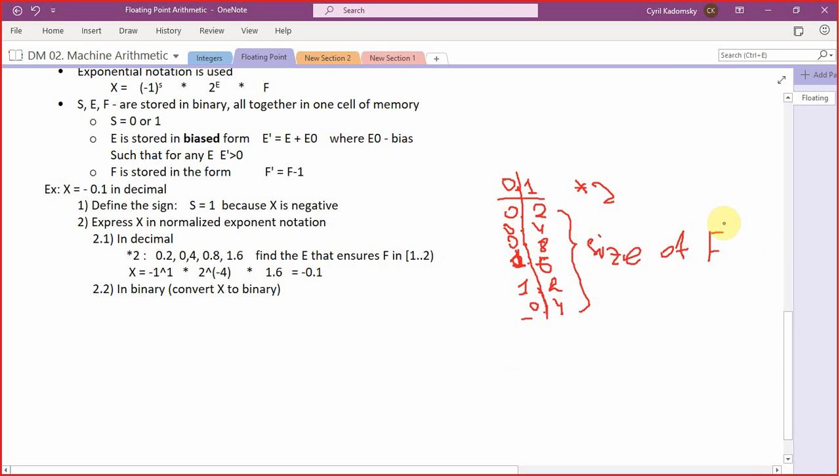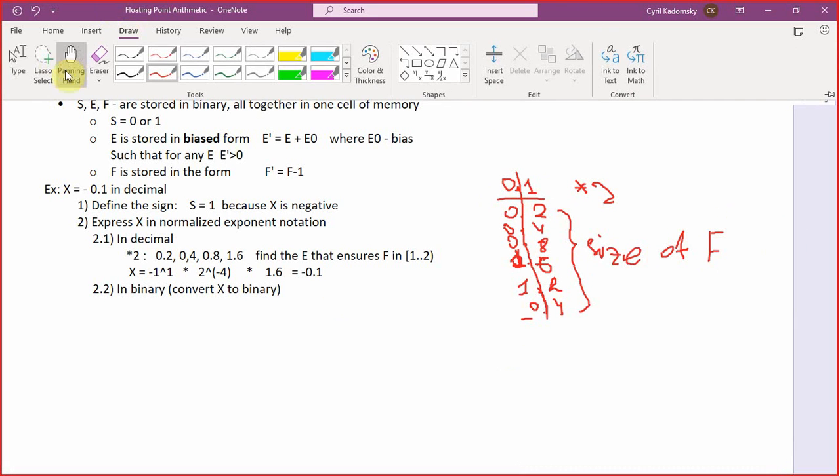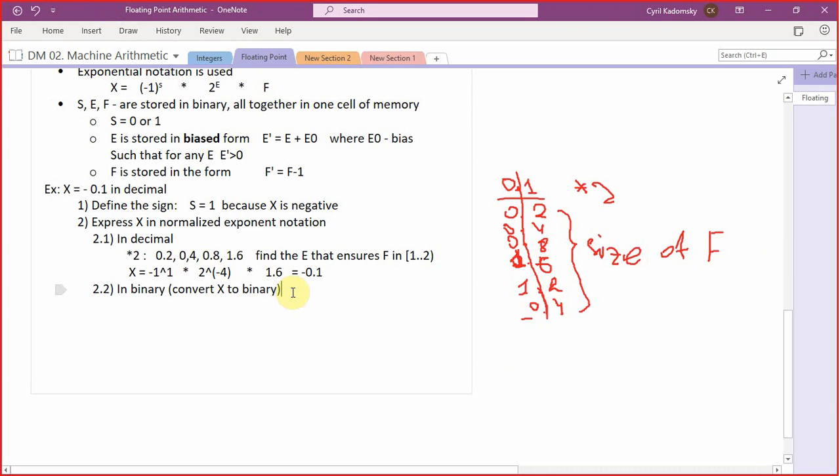Okay, so in our example, we start from what our number is in binary.